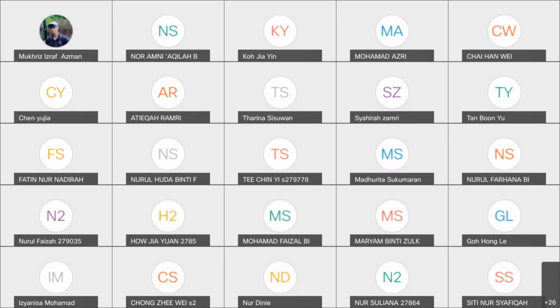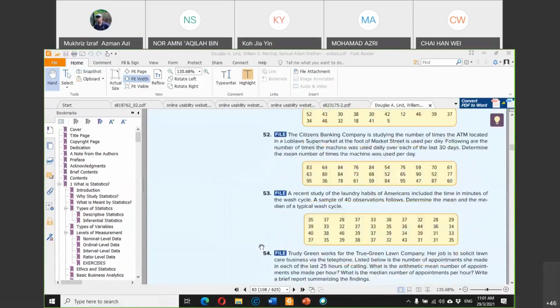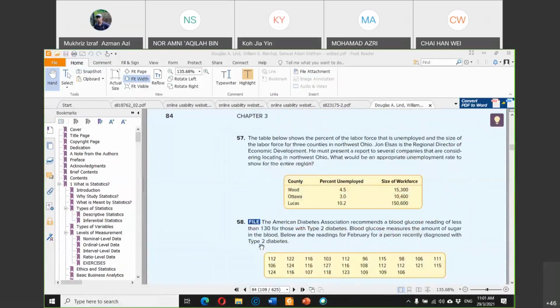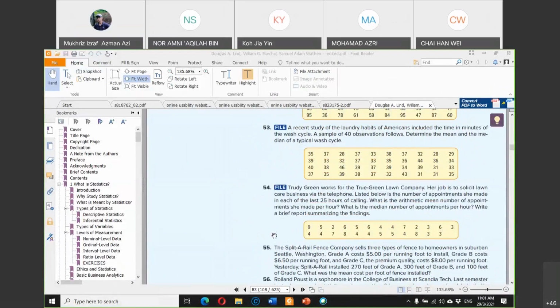If you have your ebooks with you, open your ebook on page 83.